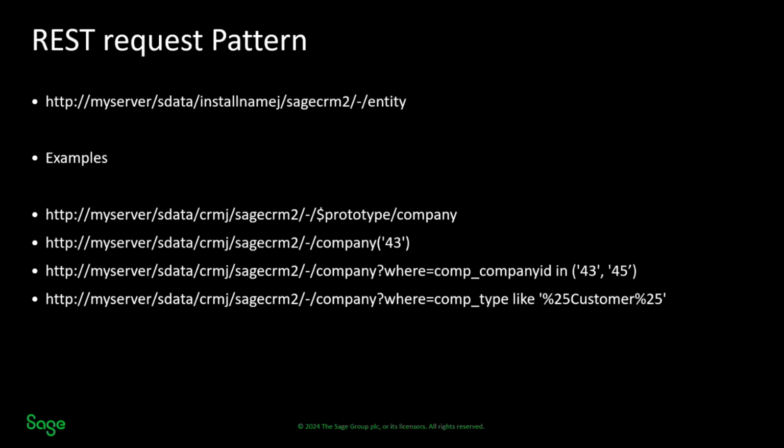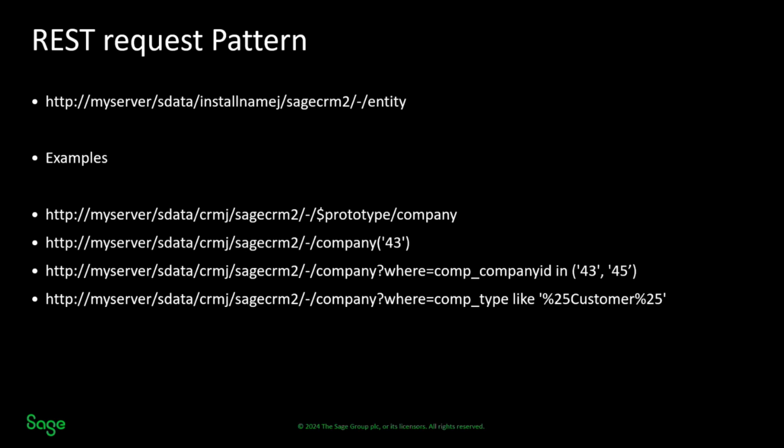So the second example on the screen is showing the type of path that allows us to specify exactly which company we want. If we've looked at the prototype, we've seen what the unique identifier is, or reasoned what the unique identifier is, we can then say, right, give me that record.